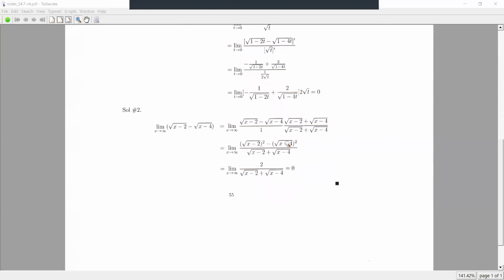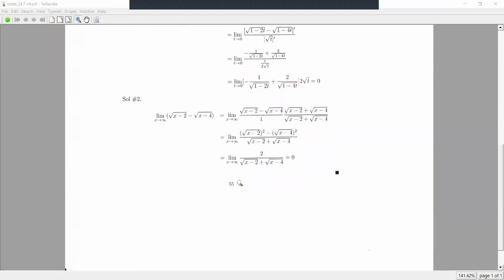Now simplify the numerator. The square root and square cancel. The square root and square cancel. And then cancel x. Then we get numerator 2. Now the limit of this function is easy to tell. You can either plug in infinity for x to get 2 over infinity, so the limit is 0, or by inspection.